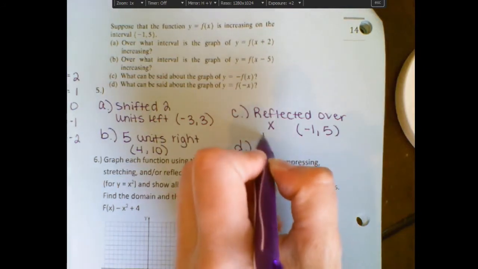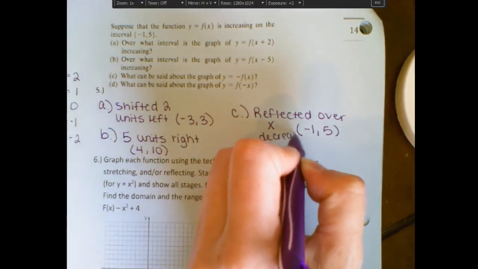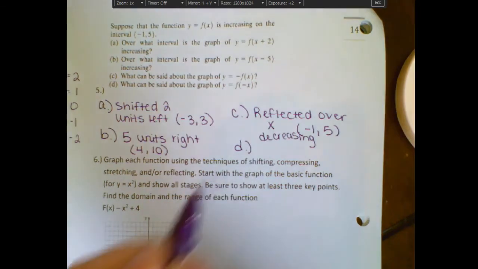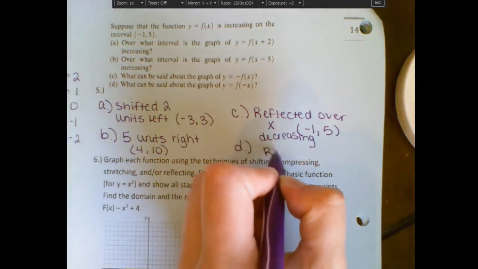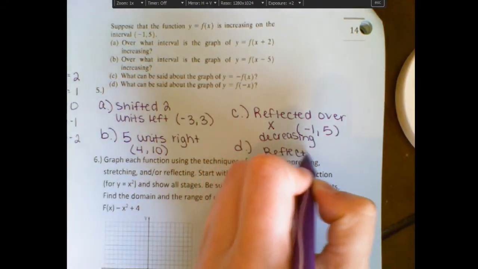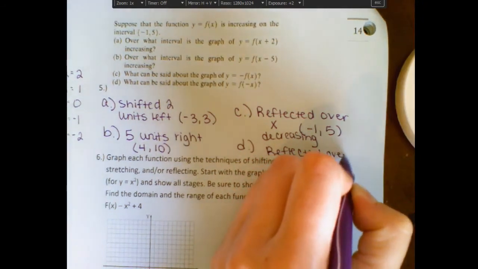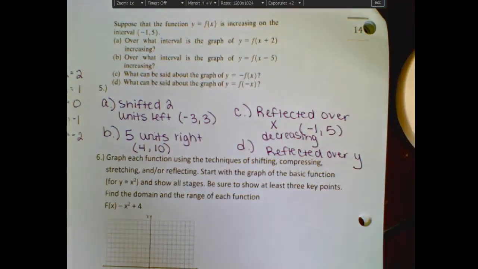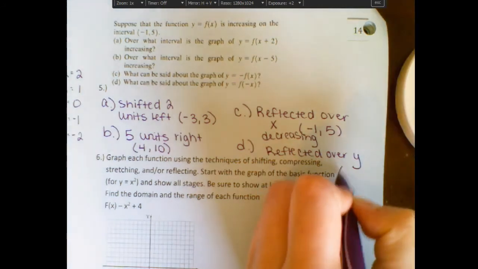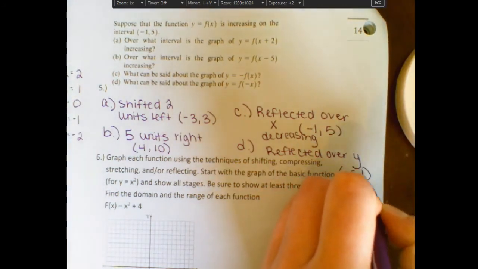This would be decreasing. And then D is reflected over the y, and it would be decreasing at negative 5, 1.